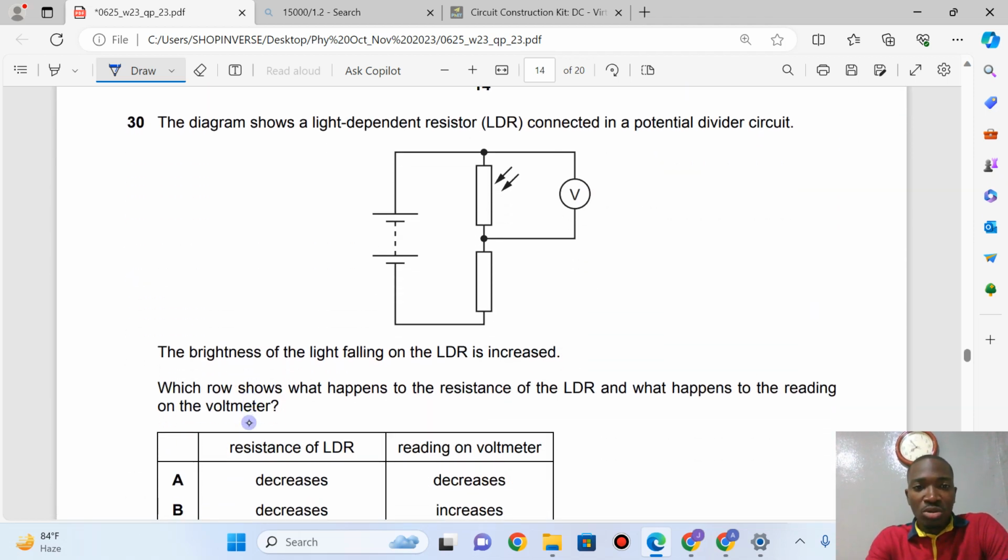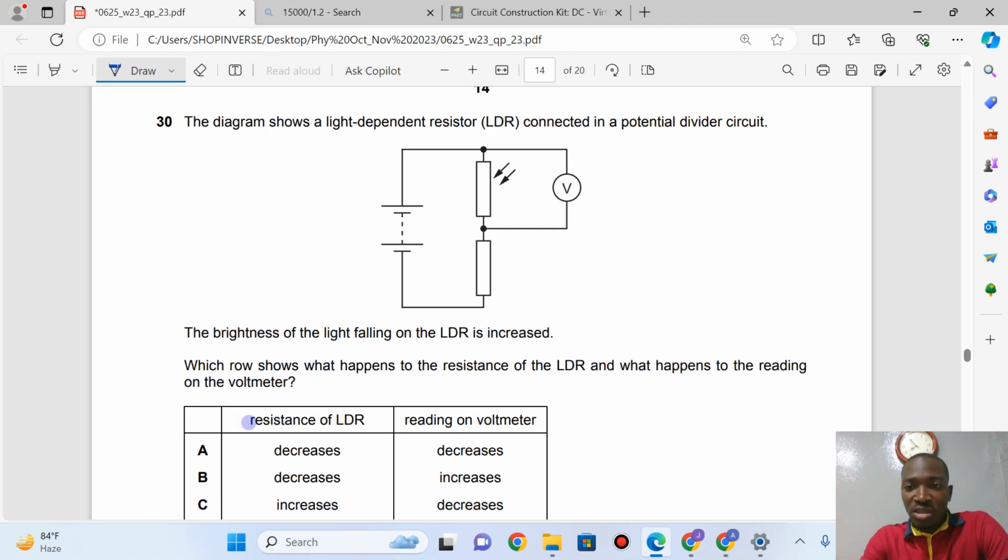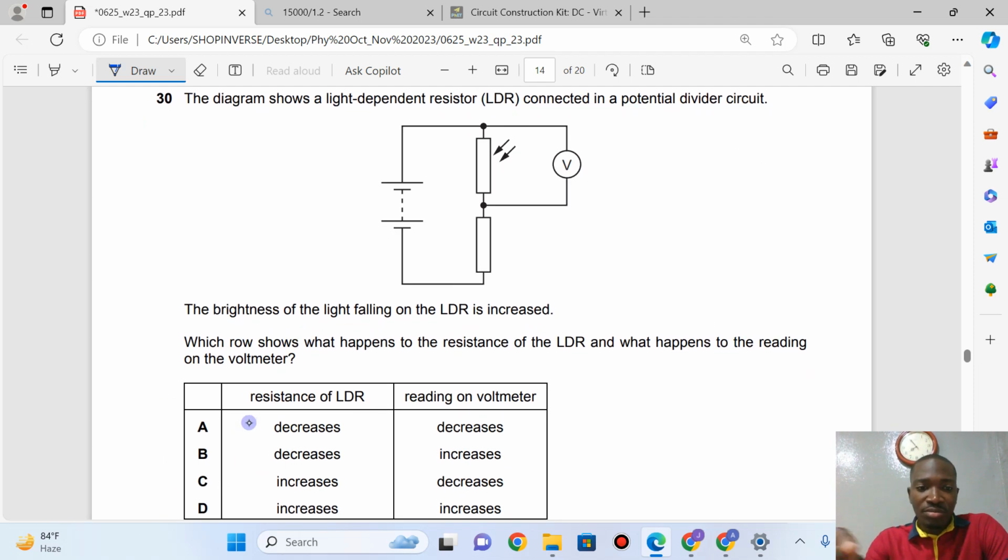The diagram shows a light-dependent resistor (LDR) connected to a potential divider circuit. The brightness of the light falling on the LDR is increased. Which row shows what happens to the resistance of the LDR and what happens to the reading on the voltmeter? There's a light dependent resistor here. LDR means light dependent resistor.